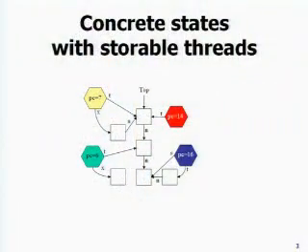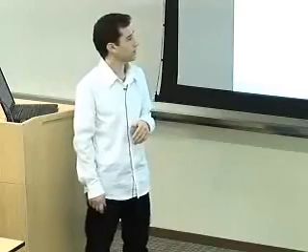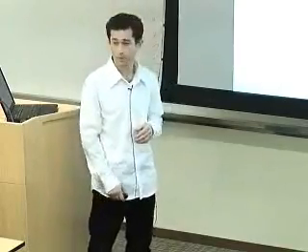For now, when I talk about concrete states, in my analysis, concrete states are simply labeled graphs. These graphs represent both the dynamically allocated objects, such as the list elements, and also, you can see the hexagons actually represent thread objects, with the program counter written inside.